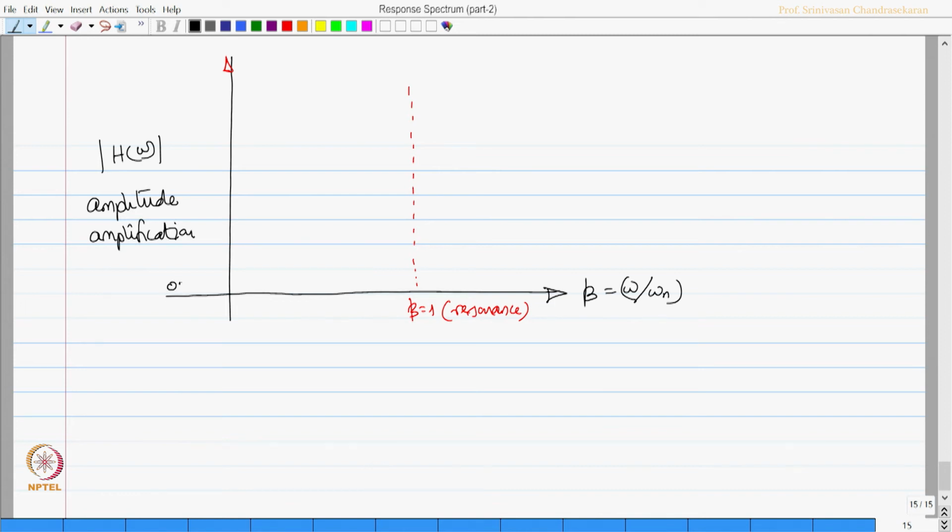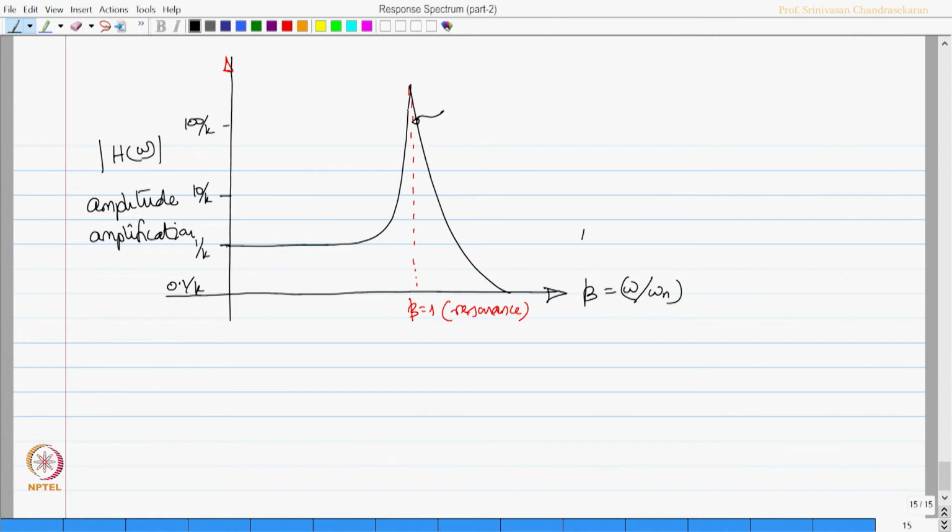Say this is 0.1 by k, this is 1 by k, this is 10 by k, this is 100 by k. Let us say the curve starts from 1, rises and goes to the narrow band here and then falls down steeply.